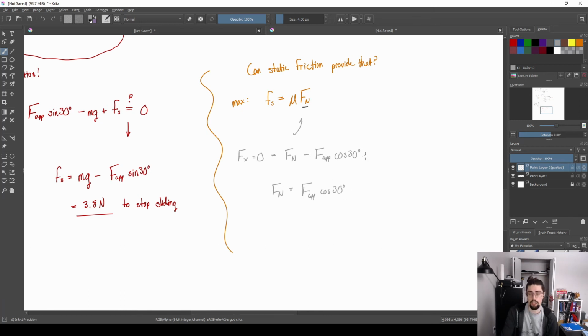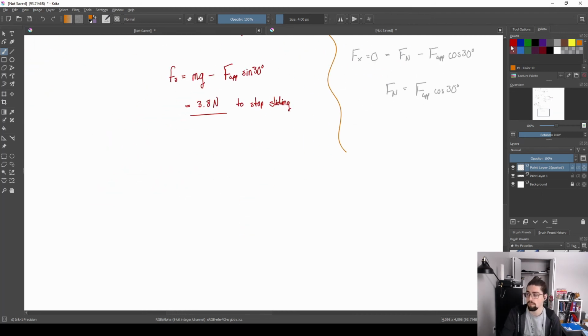We take that quantity and plug it into our maximum possible static friction force, and what we should find for that value is something like, where did I take it, like 5.17 newtons. 5.17 newtons versus the 3.8 that we required. Static friction can stop it. That is our final answer here.